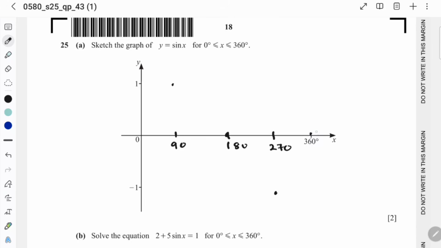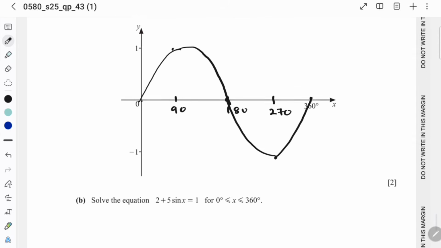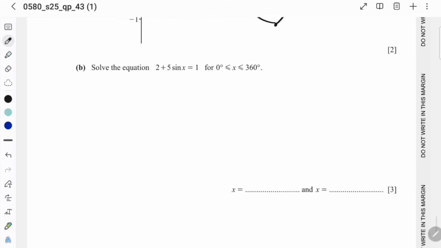Remember. Okay, so now join the curve. So this is the curve for y equals sin x.